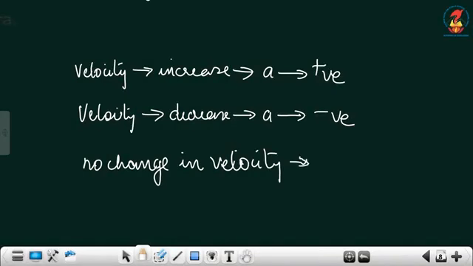If there is no change in velocity, then acceleration is equal to 0.